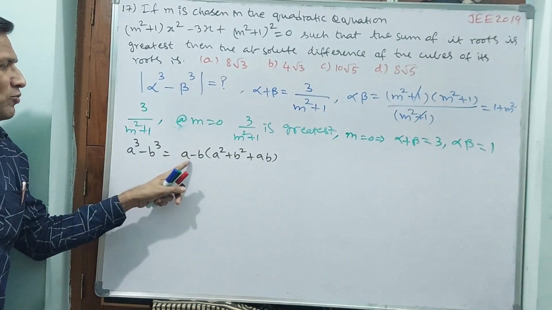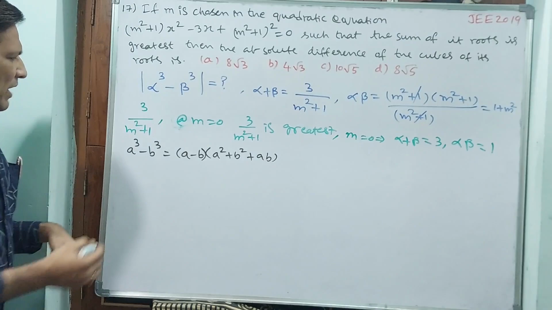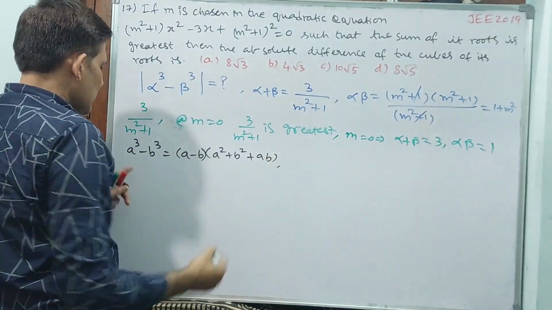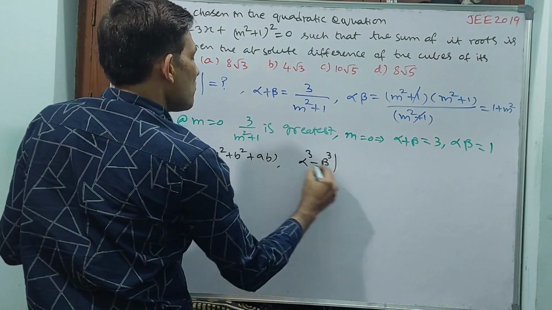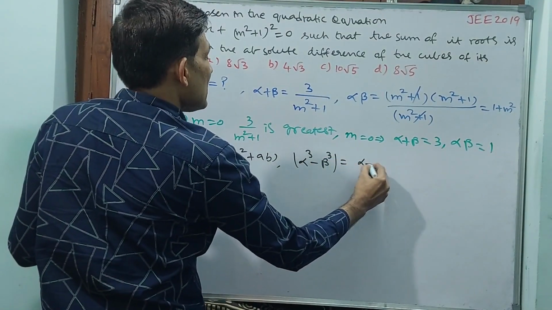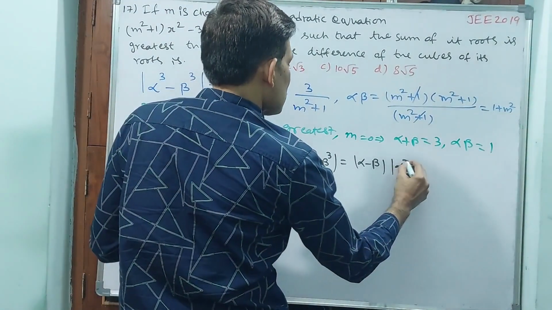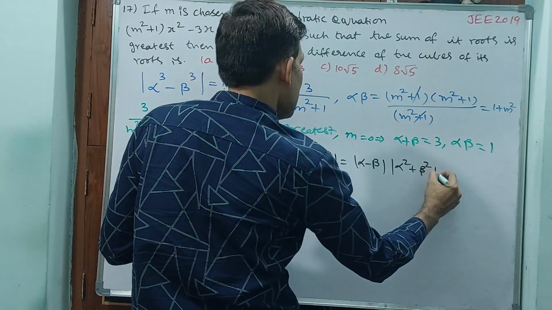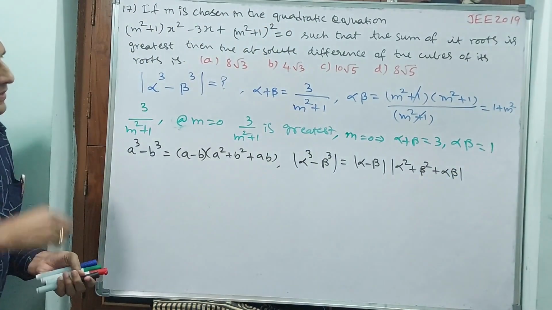If you apply modulus, alpha cube minus beta cube modulus is equal to alpha minus beta modulus into alpha square plus beta square plus alpha beta.